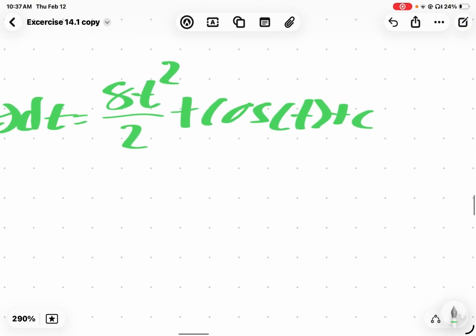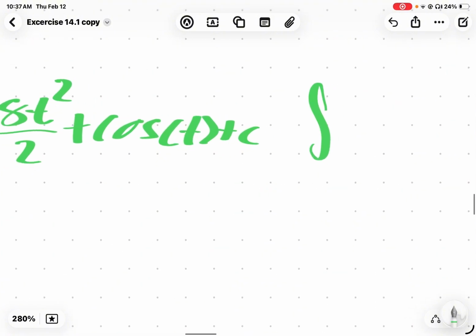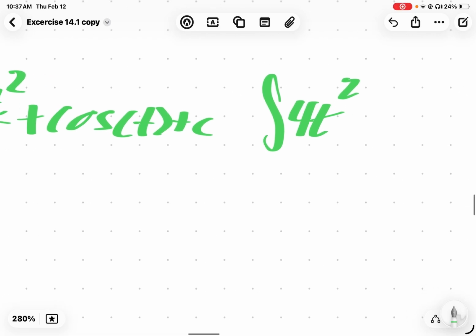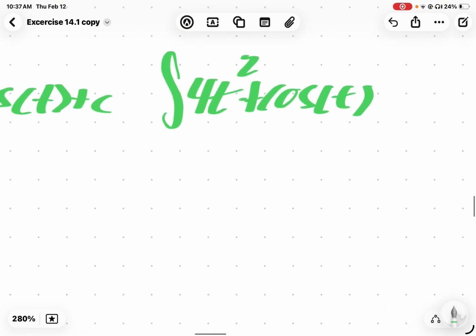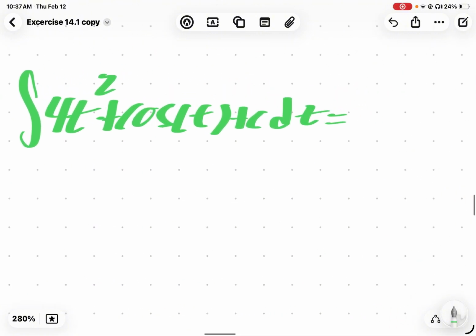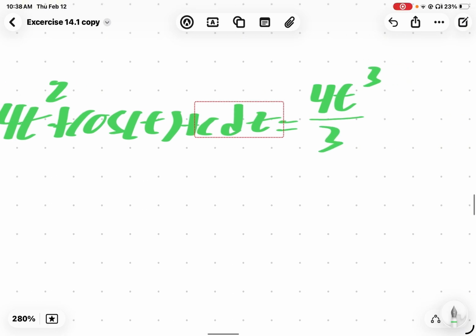We'll have to do the integral one more time. So we have the integral of, simplified, 4t squared plus cosine of t plus c dt equals 4t cubed over 3.